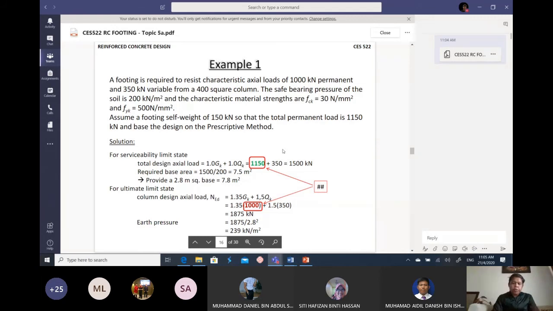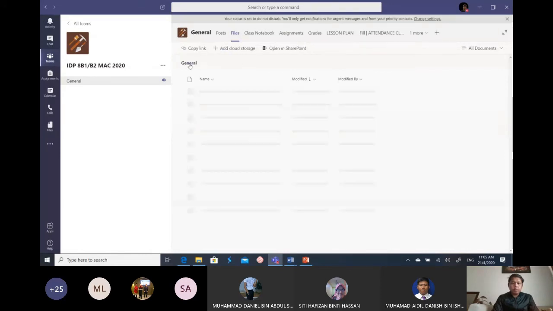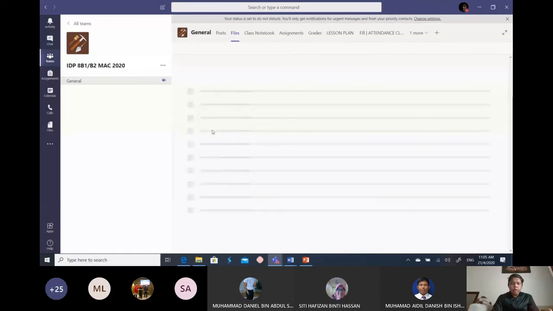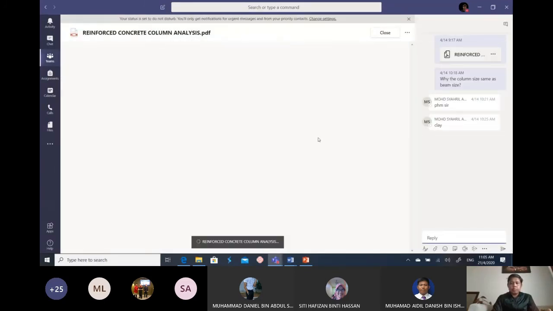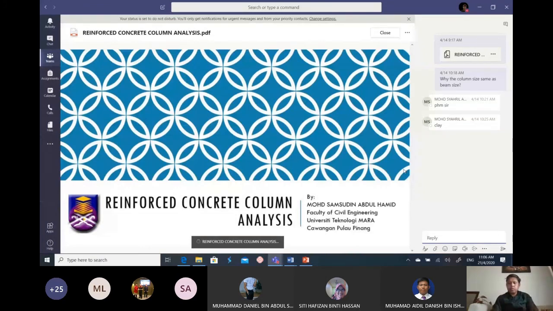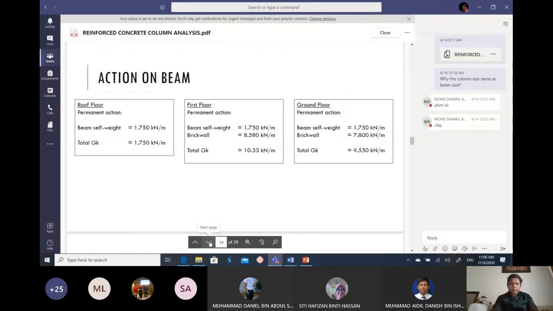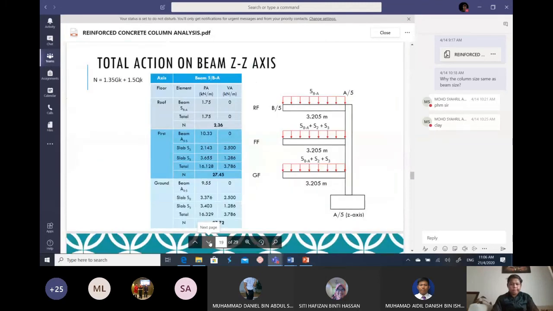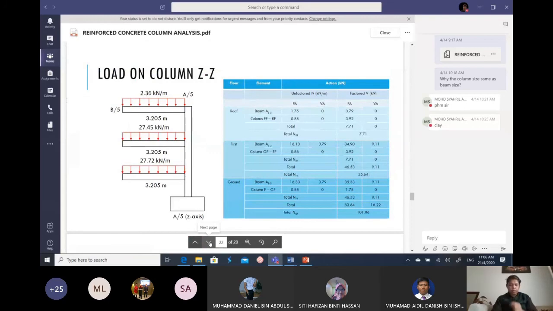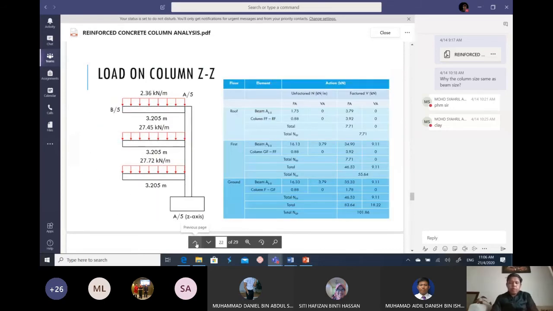So where we can get this value, kita boleh dapat daripada, saya buka balik nota daripada column, dekat column analysis. Okay, yang ini.